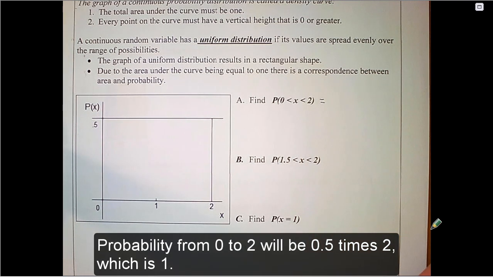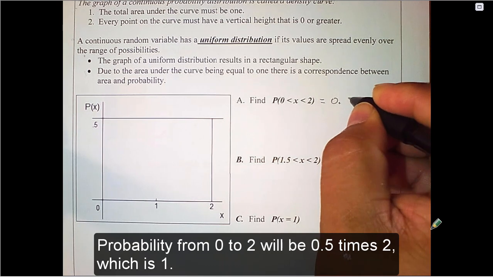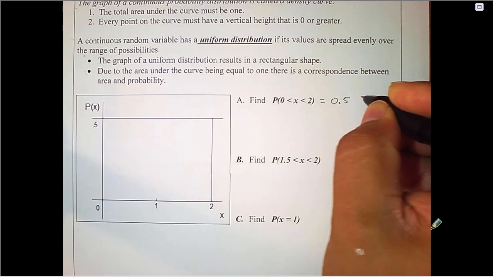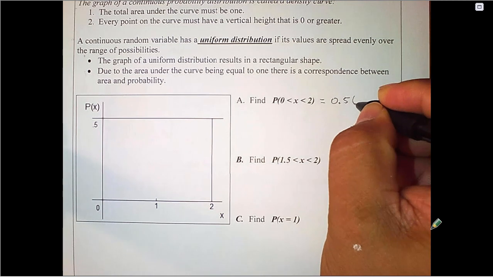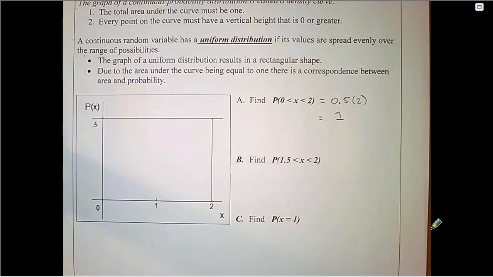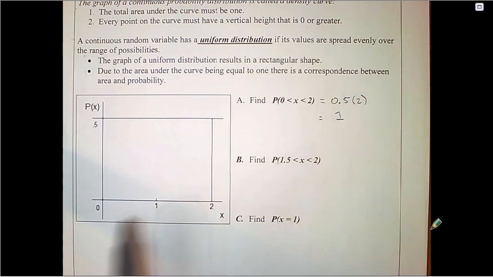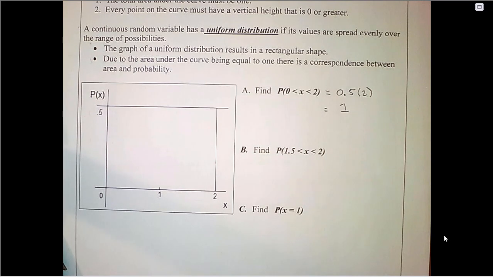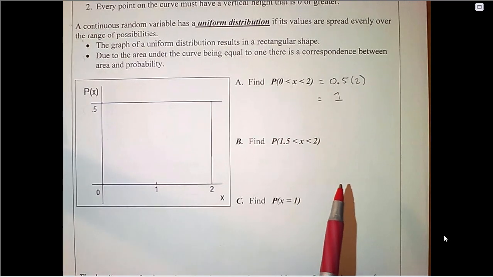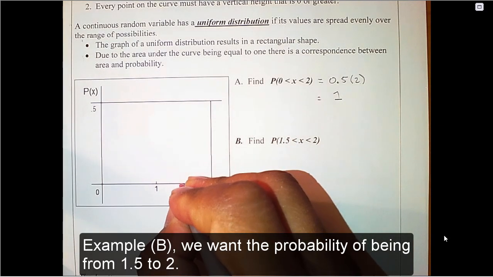Probability from 0 to 2 will be 0.5 times 2, which is 1. Example B, we want the probability of being from 1.5 to 2.